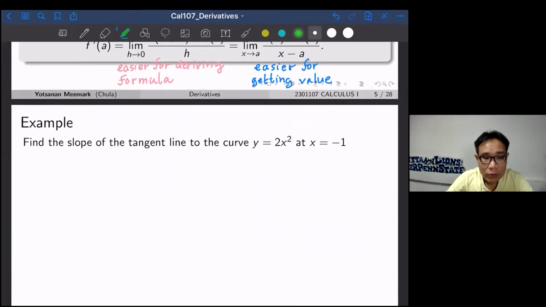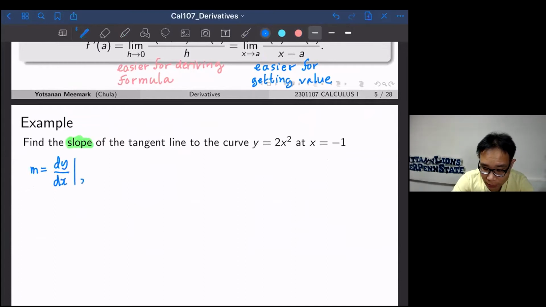So the question asks you to find the slope of the tangent line to the curve y equal to 2x squared at x equal to -1. For this question, we want the slope m to be dy dx at x equal to -1.